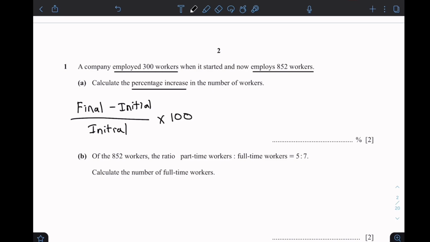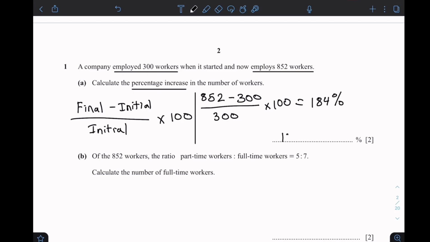So all you can do is 852 minus 300 divided by 300 multiplied by 100, which is equal to 184%.